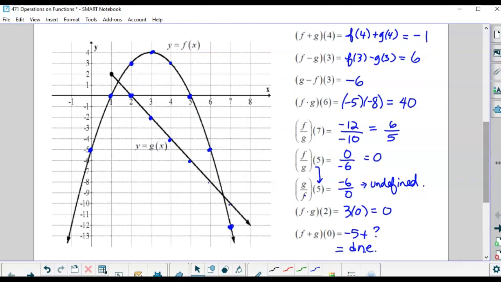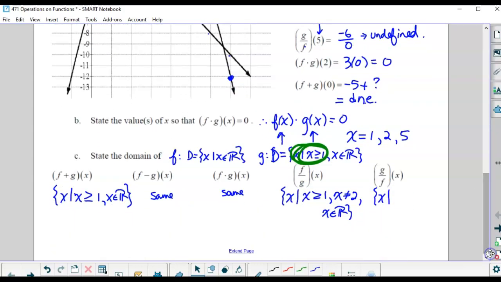Because our domain is greater than or equal to 1, but we can't have 1, it's going to be easier to say x greater than 1, where x cannot equal 5. Or again, split it up into two inequalities: x greater than 1, x not equal to 5, and then x element of the set of reals. Okay, so that's when you combine the functions.